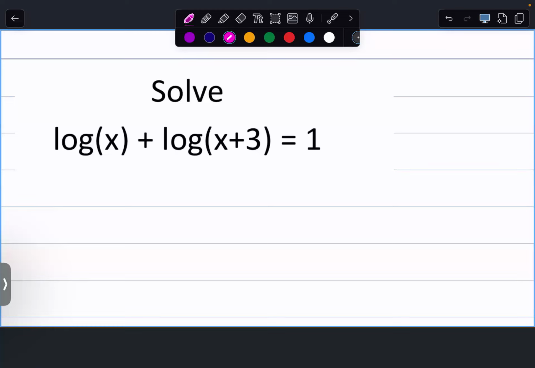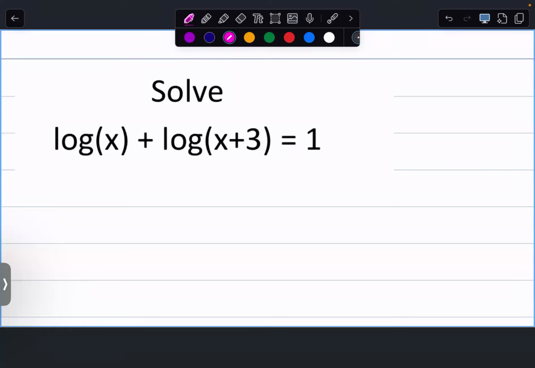Let's see here. But this isn't the log of 2. So if it was the log of 2, it would work. But yeah. Nice.